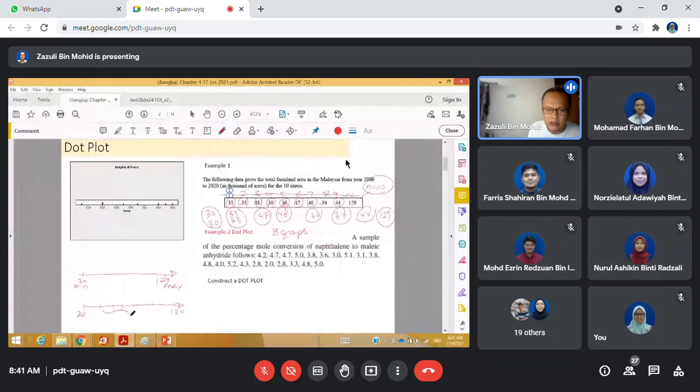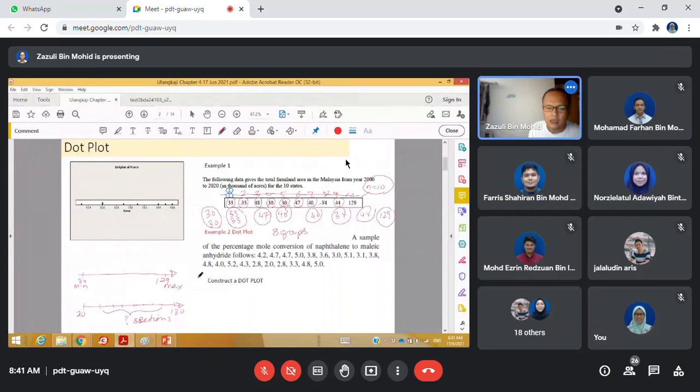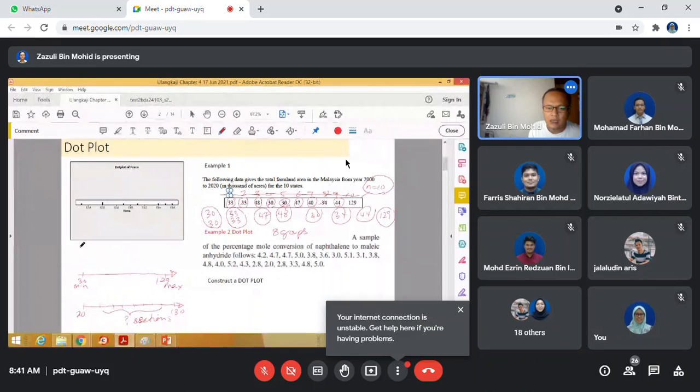Then you have to divide it into how many sections. So you have to plot it based on this horizontal line here.